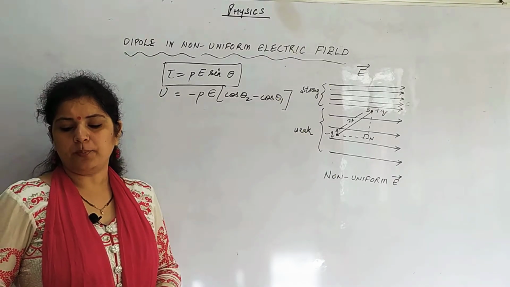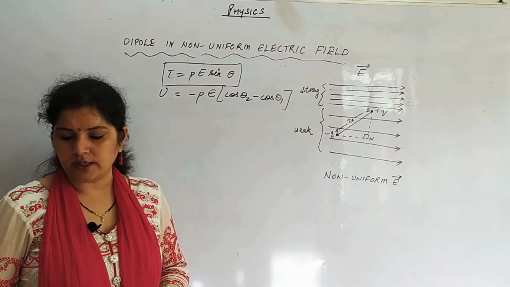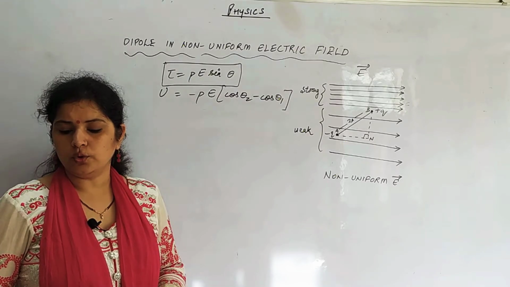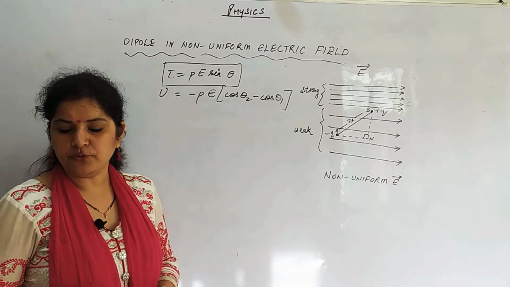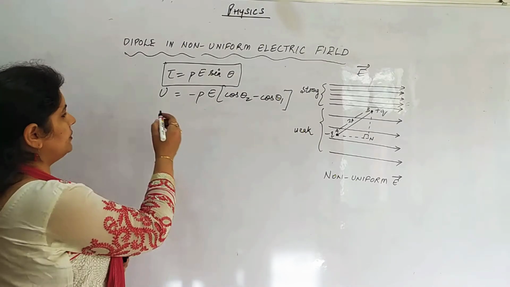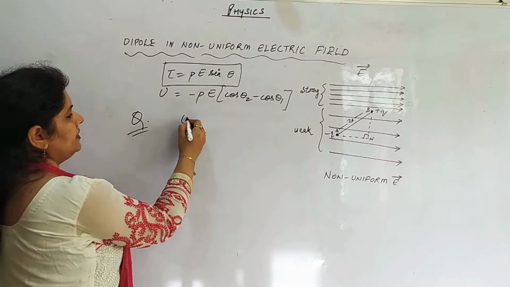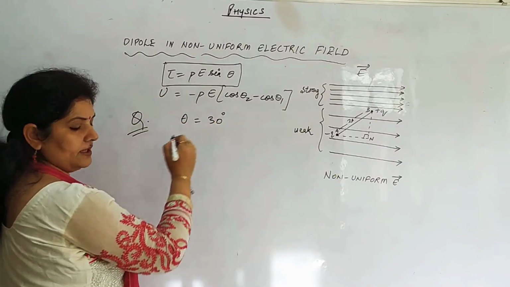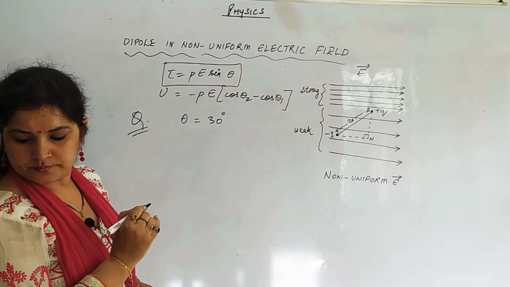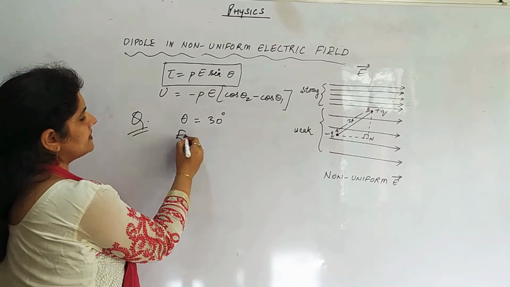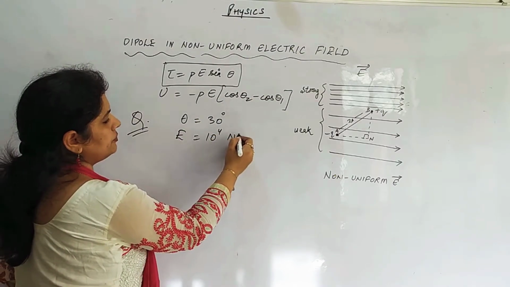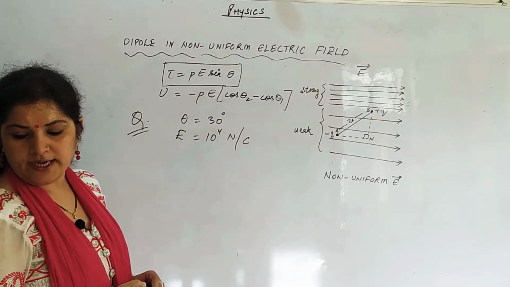An electric dipole held at 30 degree with respect to a uniform electric field of 10 raised to power 4 newton per coulomb, theta is given as 30 degree and the uniform electric field is given as 10 raised to power 4 newton per coulomb, right?